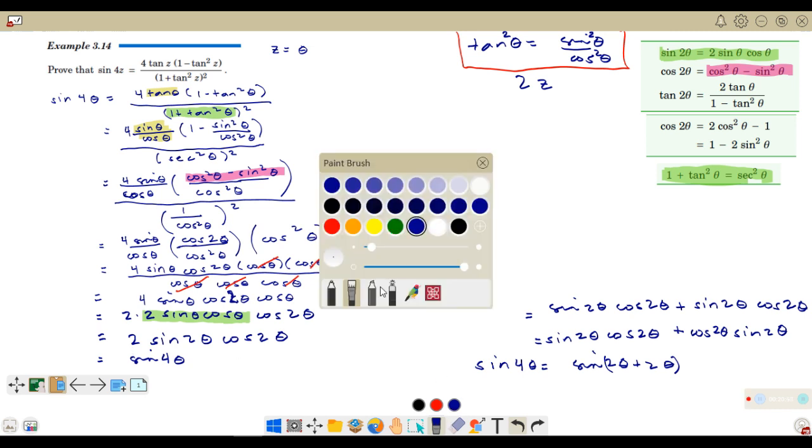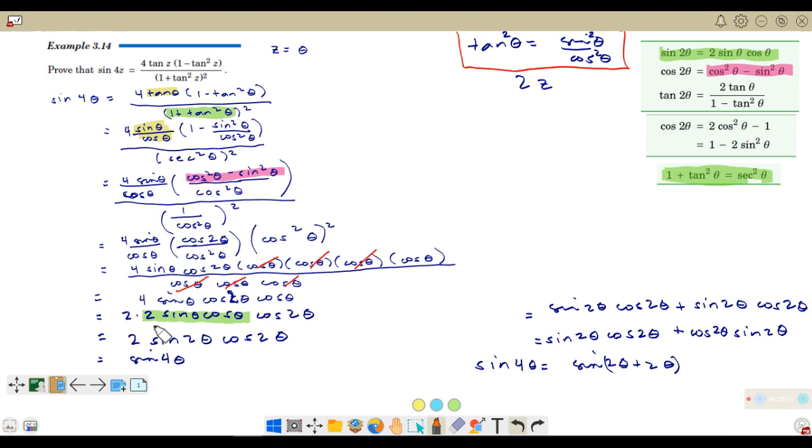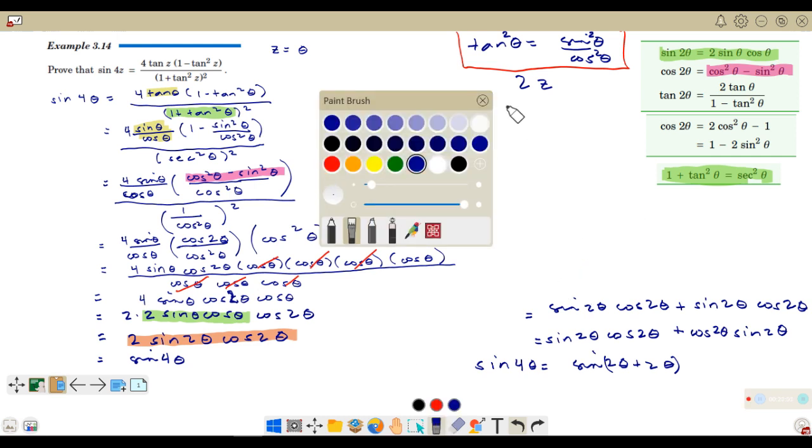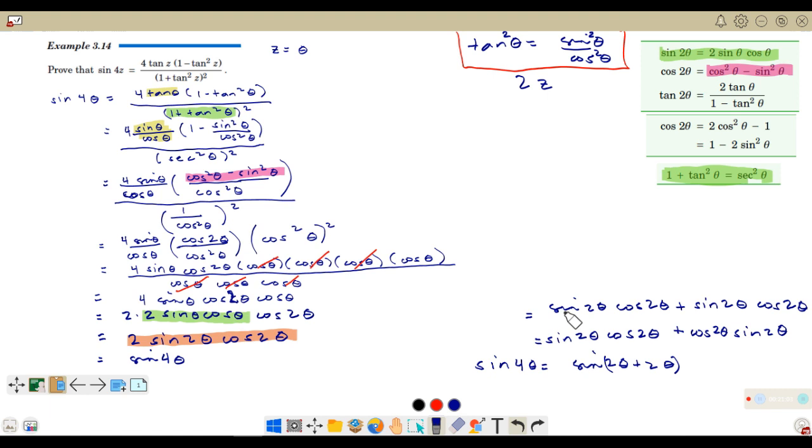Kasi from here, if we follow the idea that we have 2 sin 2 theta cosine 2 theta, dalawang beses nito, so we can write it as 2 sin theta cosine 2 theta, which is then equal to sin 4 theta.